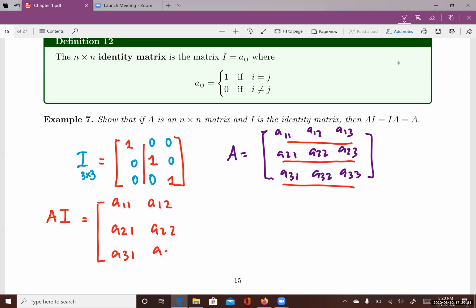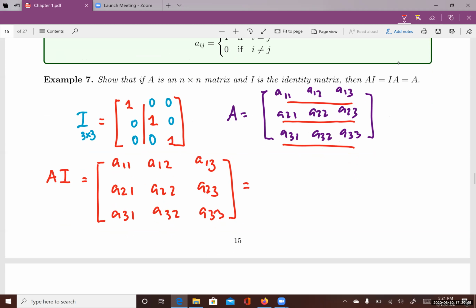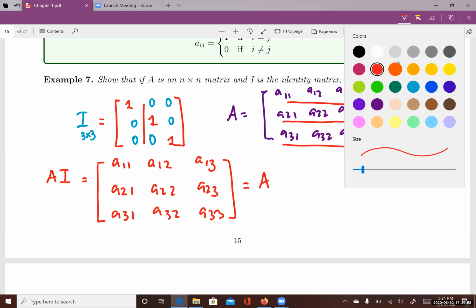So the result is that if I take A times I, I will get A. And if I take I times A, I will also get A.